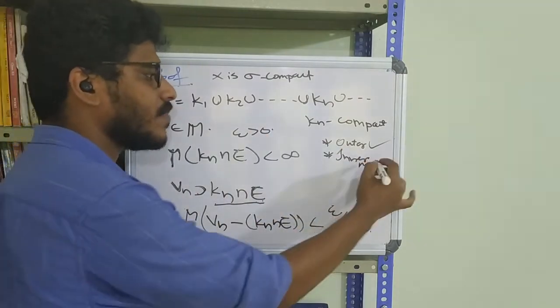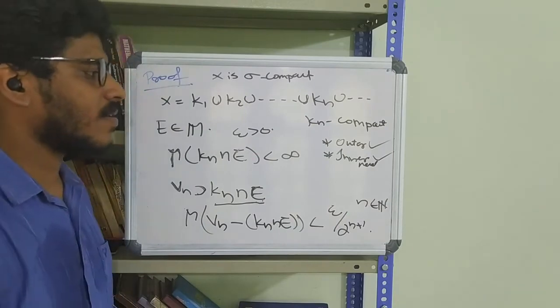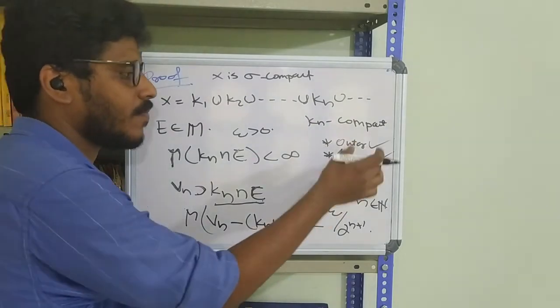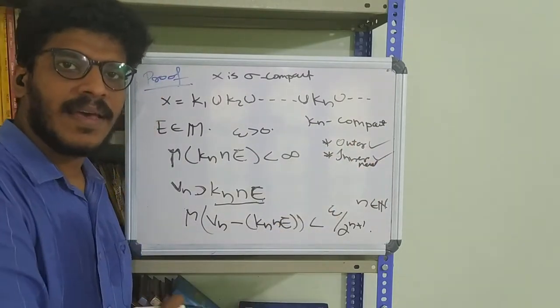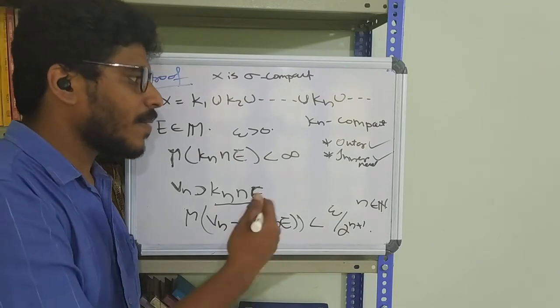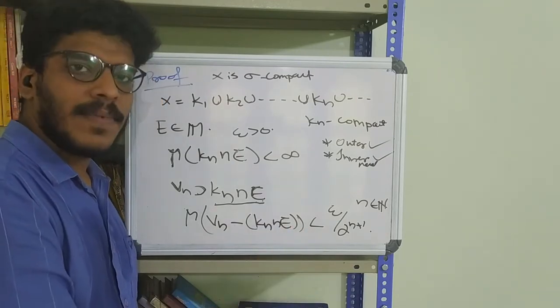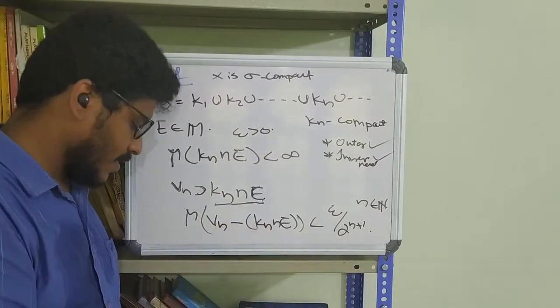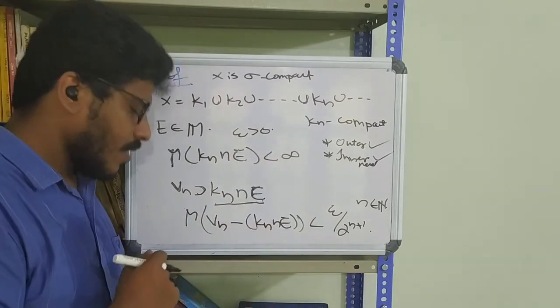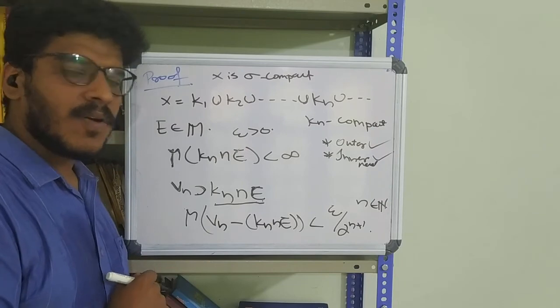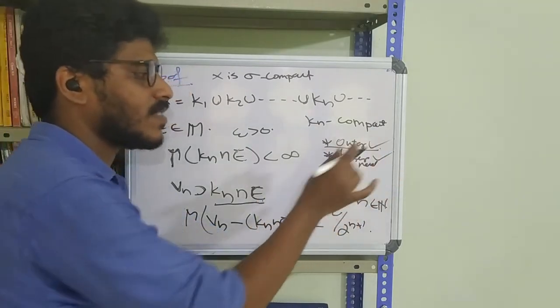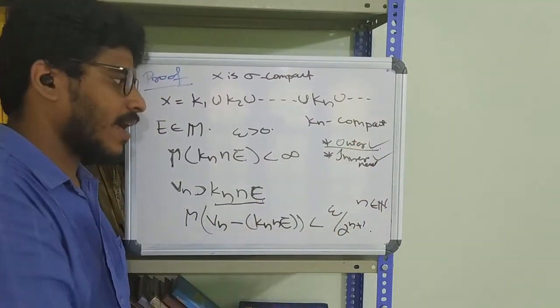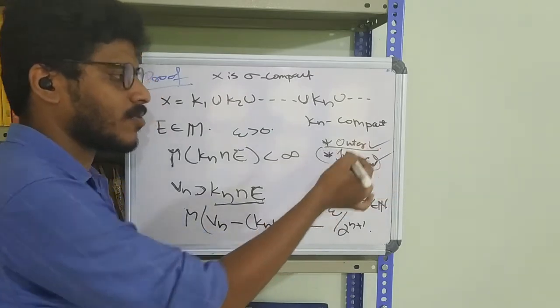So there is something playing with inner regularity, and to prove a measure is regular, in fact we need to prove that it is both outer regular and inner regular. But in almost all cases, outer regularity comes trivially, and we may just need to prove the inner regularity part.